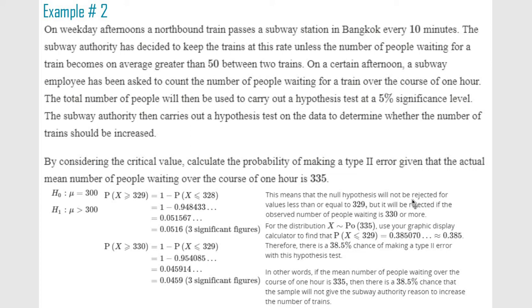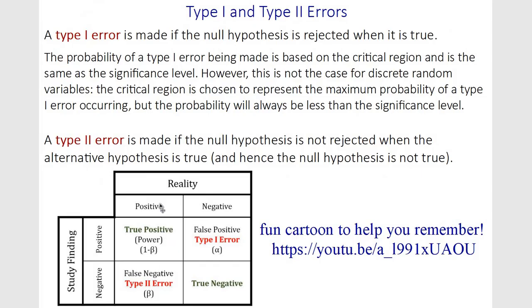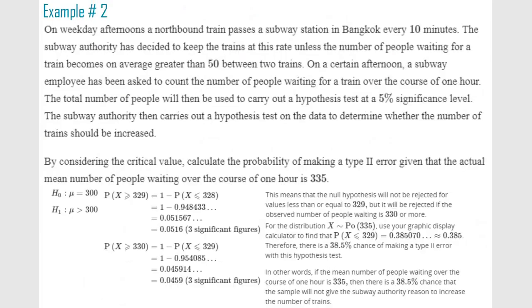The null hypothesis will not be rejected for values less than or equal to 329. So we don't reject it when it's greater than 5%, so at 329 or less. But I will reject it if it's 330 or greater, because then I'm less than 5%. Now remember, a type 2 error is positive in reality, but I said it was negative.